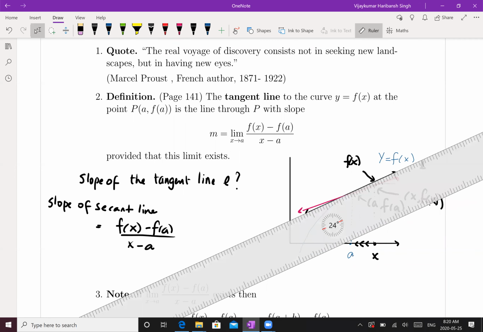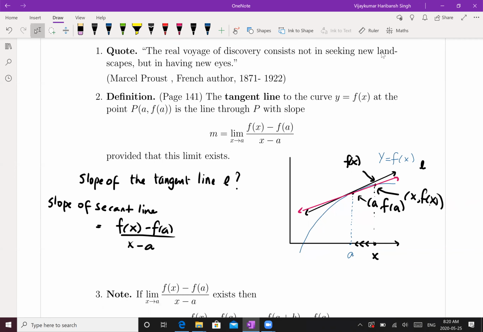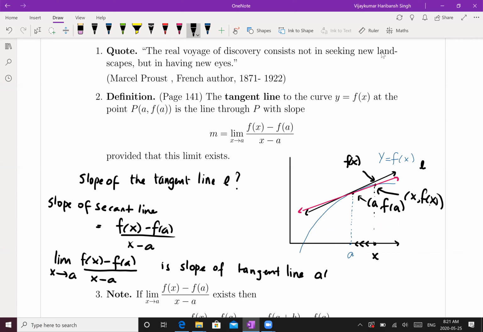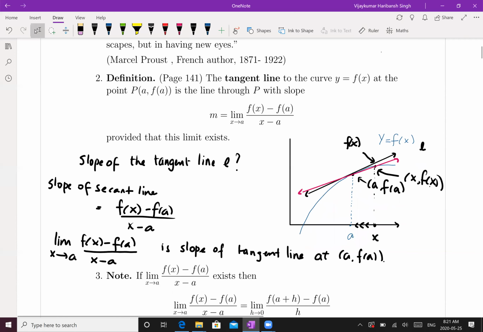So therefore, you get the limit as x goes to a of f of x minus f of a over x minus a is the slope of the tangent line at a comma f of a. So this is what the slope of the tangent line is.